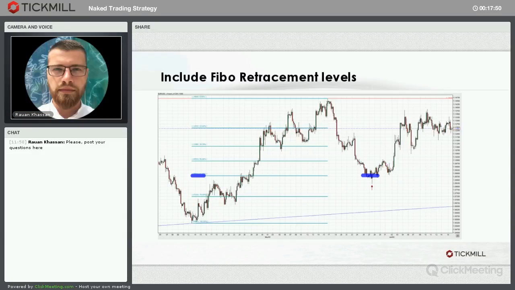So during the end of May, it has been tested several times. It has provided you with a fake spike below this level, but the price has quickly retraced back above the key level and could give you the right entry point for a buying trade.